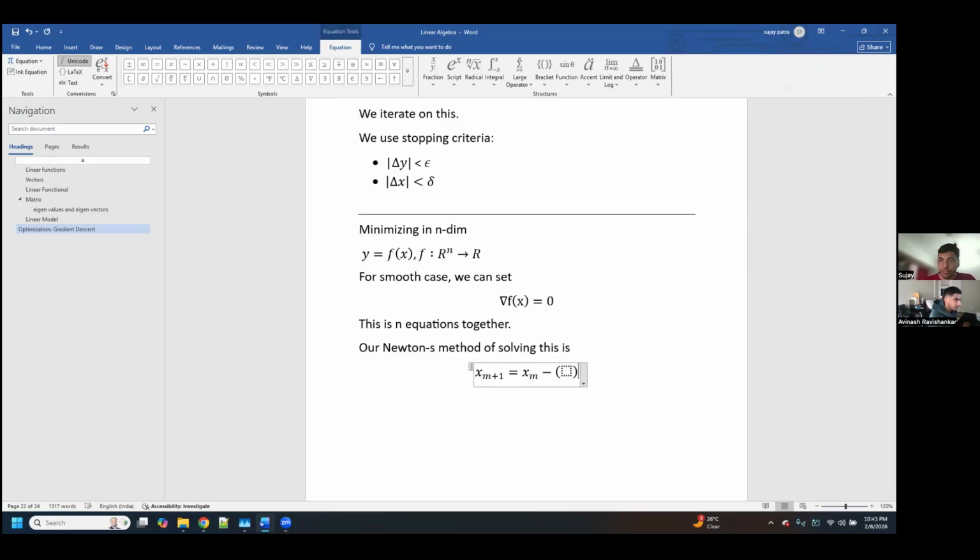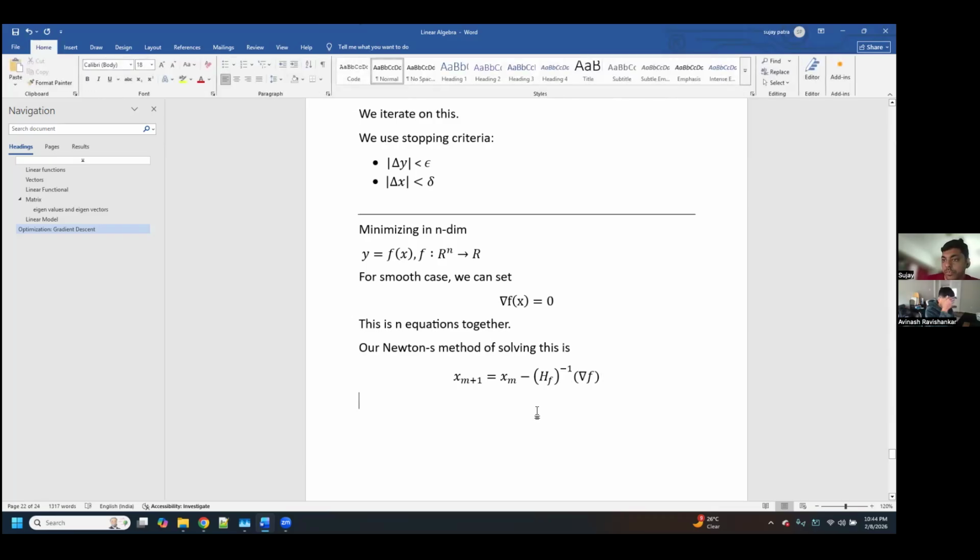The f prime role will be played by the gradient of f, and the second derivative role will be played by the Hessian, H. And then the division will actually be an inverse, because the Hessian is a matrix. You cannot just divide by a matrix, you have to take the inverse of the matrix. So we have this complicated formula.